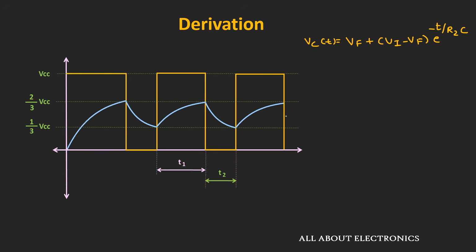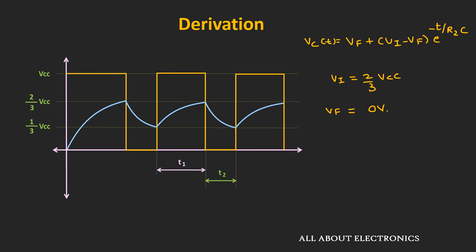Now during this time the initial voltage across the capacitor will be equal to 2 by 3 VCC. So we can say that the V initial will be equal to 2 by 3 VCC, and it is discharging towards the 0 voltage. So the final voltage across the capacitor should be equal to 0 volt.